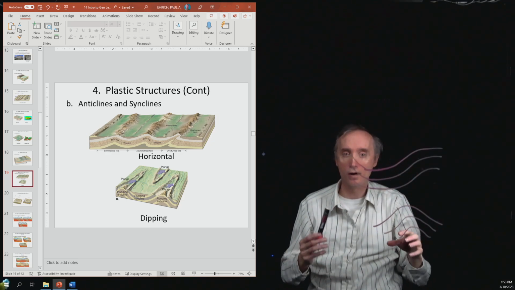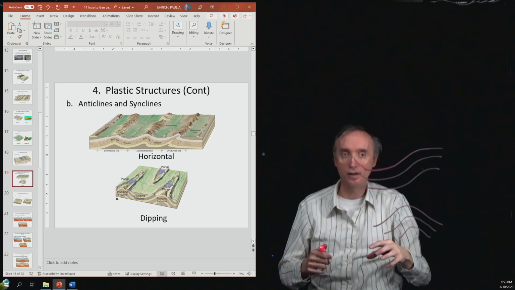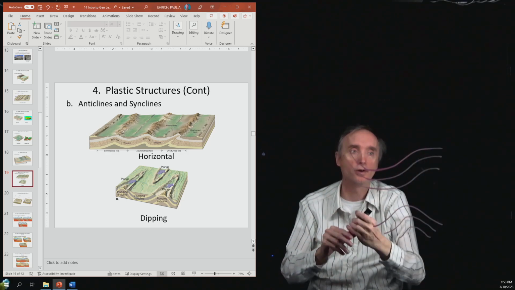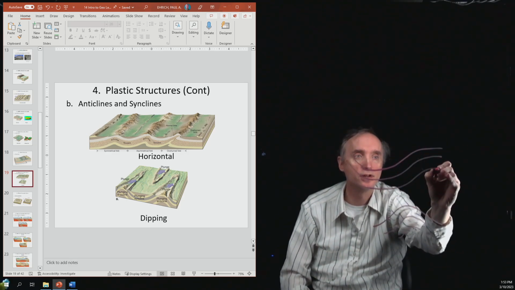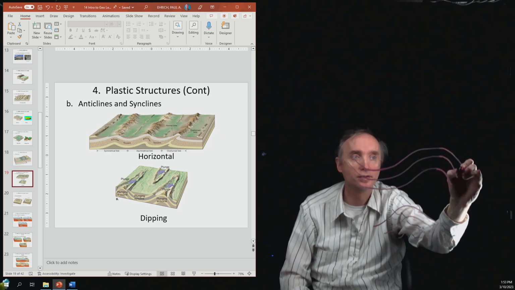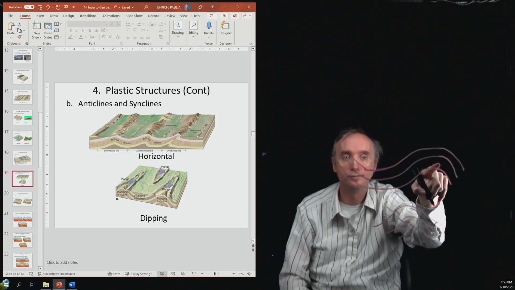Now, where are the oldest beds in an anticline and in a syncline? Let's do this one here, and let's change this so that it's both an anticline and a syncline. Here's the syncline, here's the anticline.